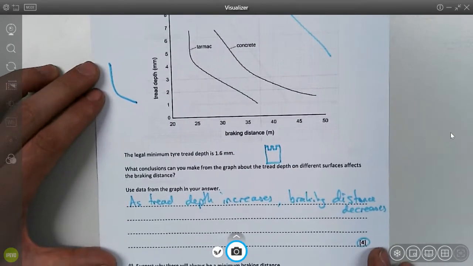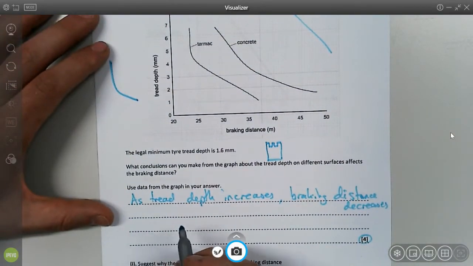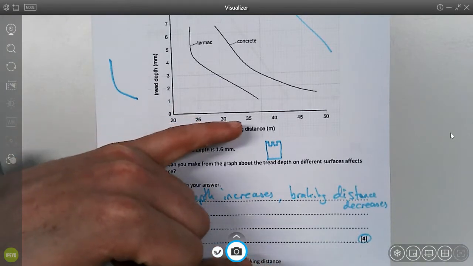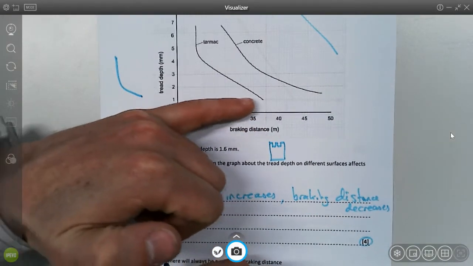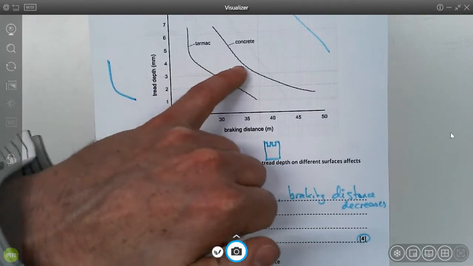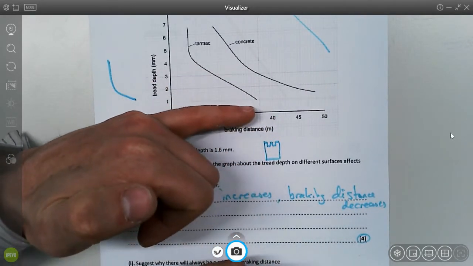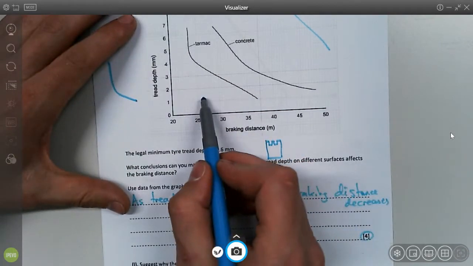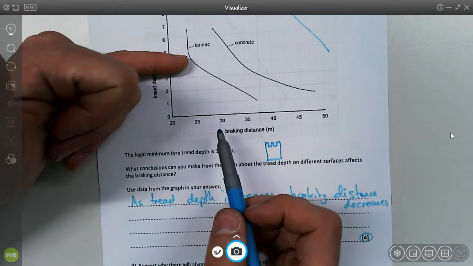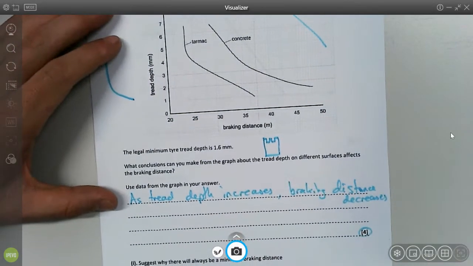So what we could say is between 1 millimeter and kind of roughly 3.5, there's a very big difference in braking distance. And then when you get to really thick tread depths, actually there isn't much of a change.